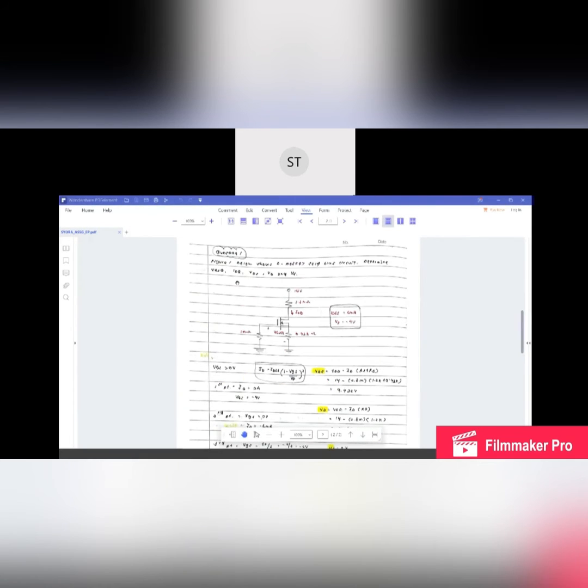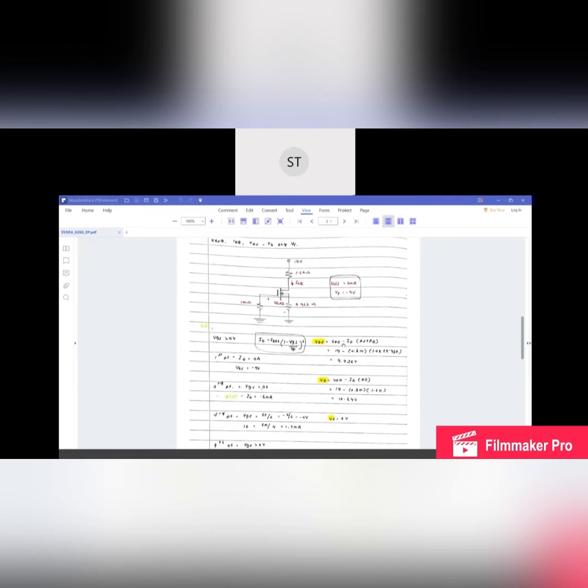So we have found VGSQ and IDQ. Now we must find VDS, VD and VS. For VDS, I use the formula VDD minus ID times RS plus RD. VDD is 14 minus 2.8 milli, which is IDQ, times 1.2k plus 0.43k ohm.